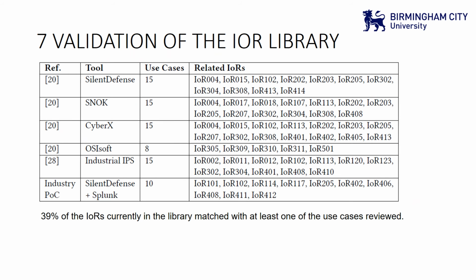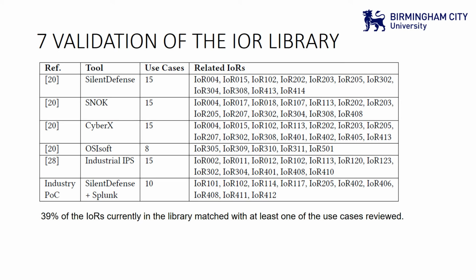So how did we validate our indicator of risk library? As I already said, this work has been rather high level and conceptual. So we looked into different references in which use cases were done using different detection tools and practical proofs of concept in industrial control system settings.